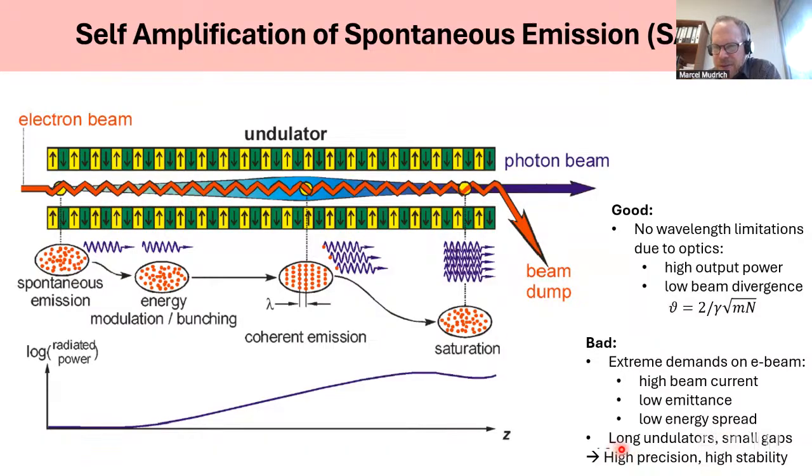And we need long undulators to give this process a chance to develop over one single pass of the electron bunch through the undulator. And yeah, this imposes high demands on the precision of machining all these devices and controlling the position of the magnets on this very long, many meters long length scale.